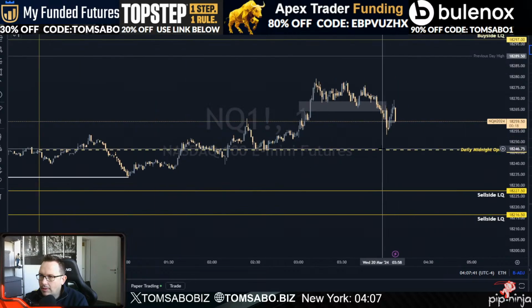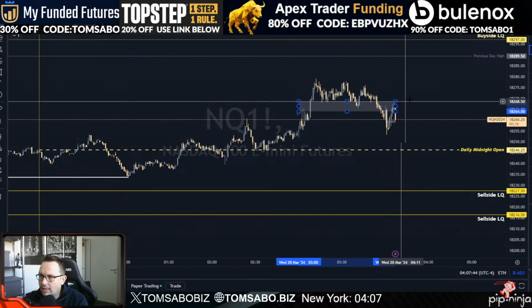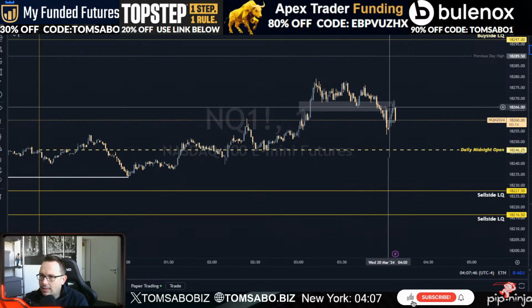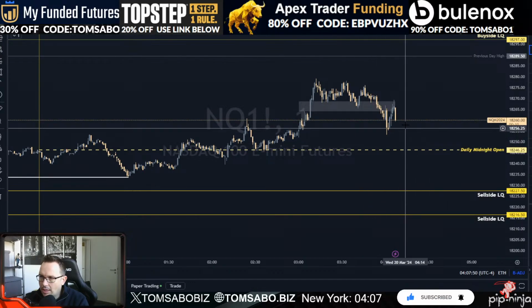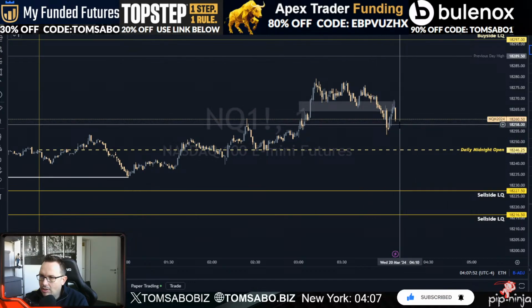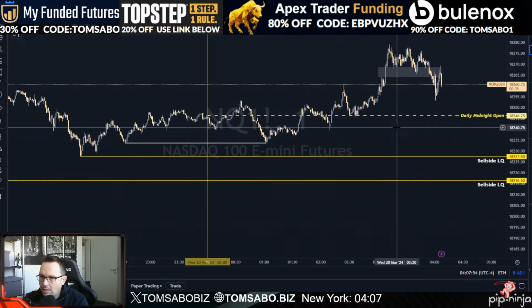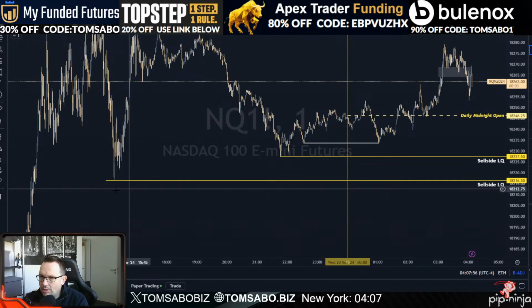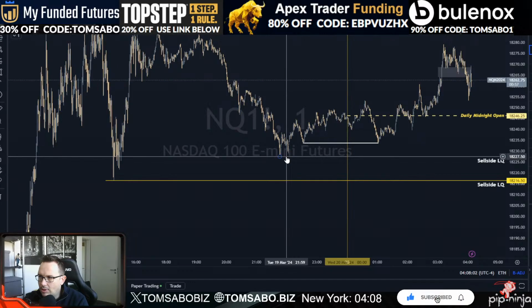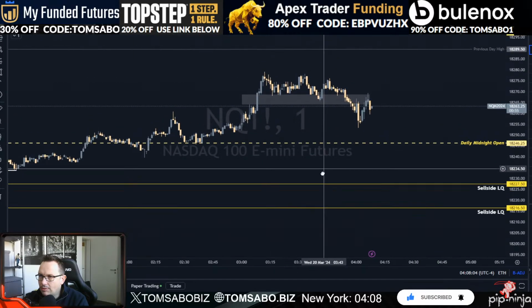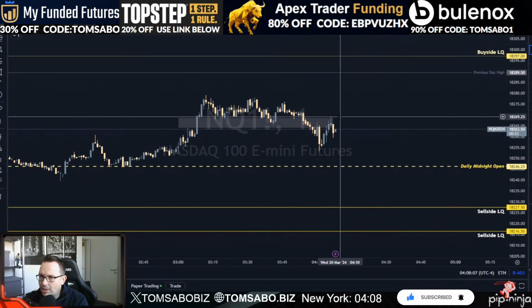Look at that. It got back to this gap, acting as resistance. Let me delete this. Acting as resistance. Now, if it shifts lower, then Asia lows are the first one to target at 227, but so far nothing. But for now, actually, it made another swing high.